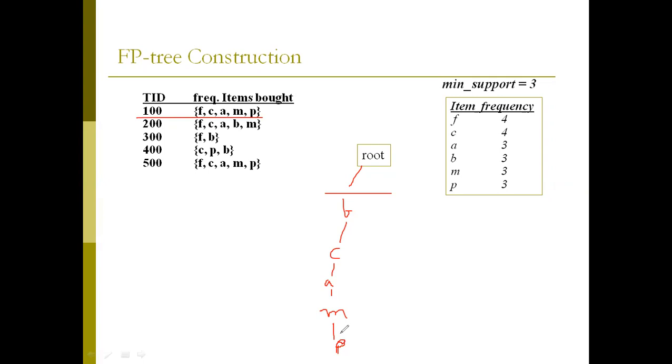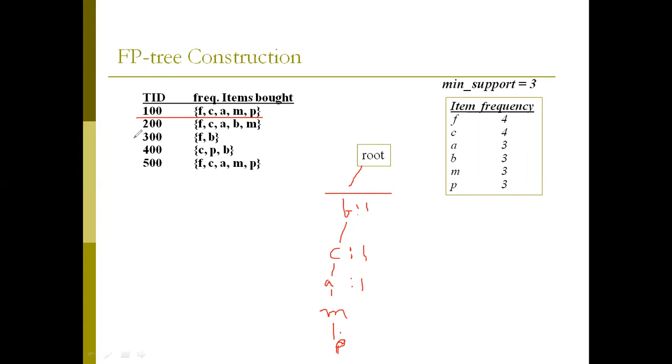Now how many times have we visited F, C, A, M, P? Only one time. So you need to use a colon, then write 1. And for C also colon 1, A also colon 1. Like this, you need to represent one branch for your first transaction.